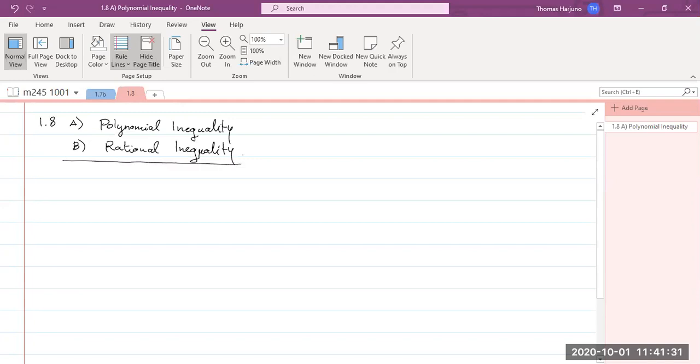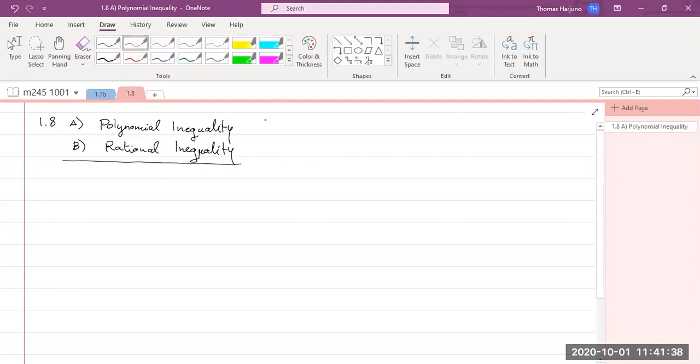Now, every time you deal with polynomial or rational inequality, I need you to show the work, not only to do it, but you need to show it.